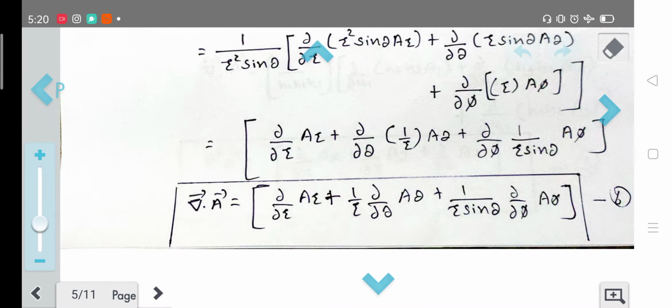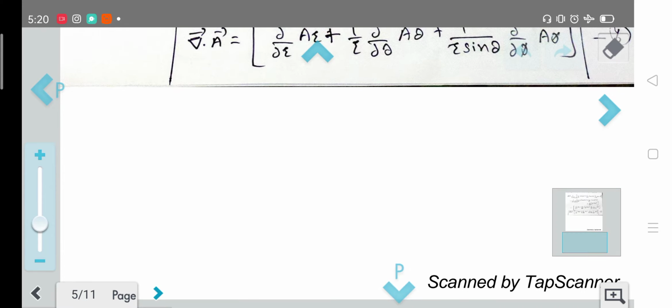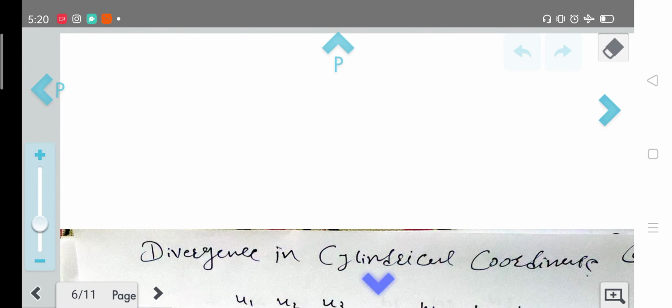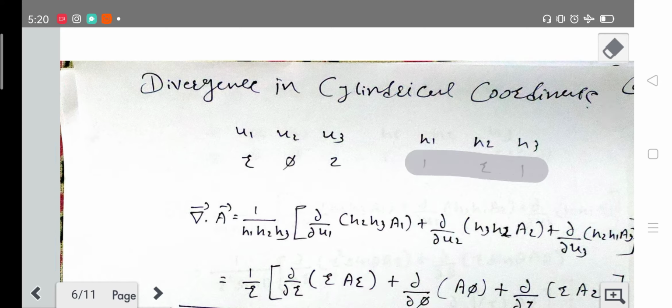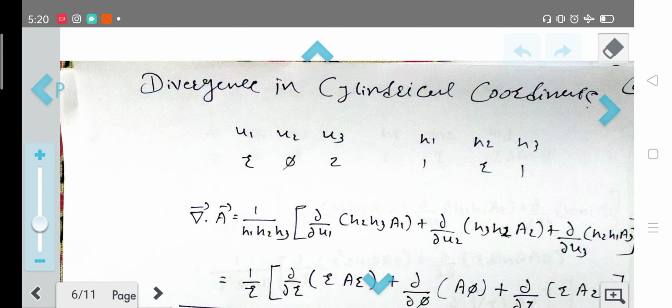Now let's talk about the cylindrical coordinate system. In the cylindrical coordinate system, we will have coordinates r, phi and z, and the corresponding h values will be 1, r, 1. So let's put the generalized formula for divergence of vector quantity A, which will be 1 upon h1 h2 h3.